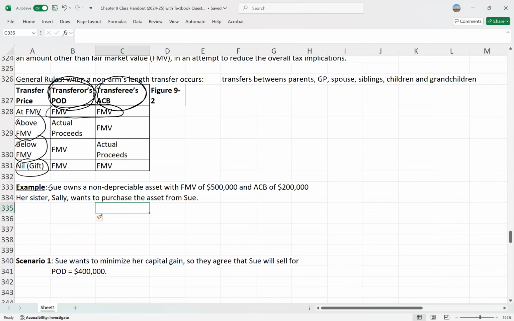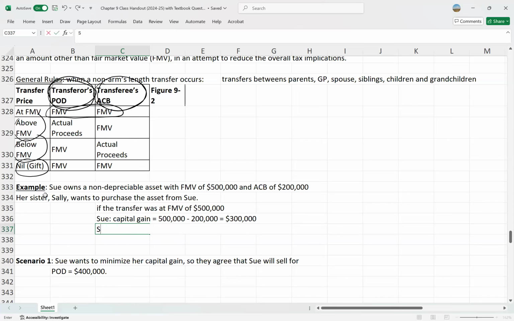So basically, if the transfer was at fair market value of $500,000, Sue would have a capital gain equal to $500,000 minus her cost. Sorry, the cost is $200,000, my mistake. She would have a capital gain of $300,000.